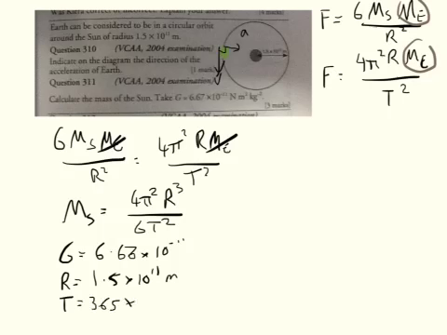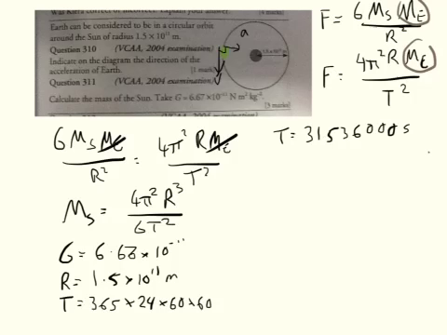Multiplied by 24 hours, by 60 minutes, by 60 seconds, gives us a period of 31,536,000 seconds, or 3.1536 times 10 to the 7 seconds.